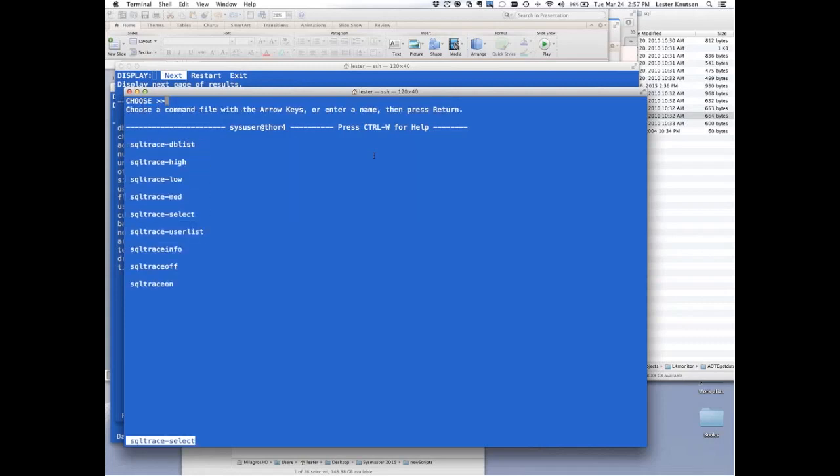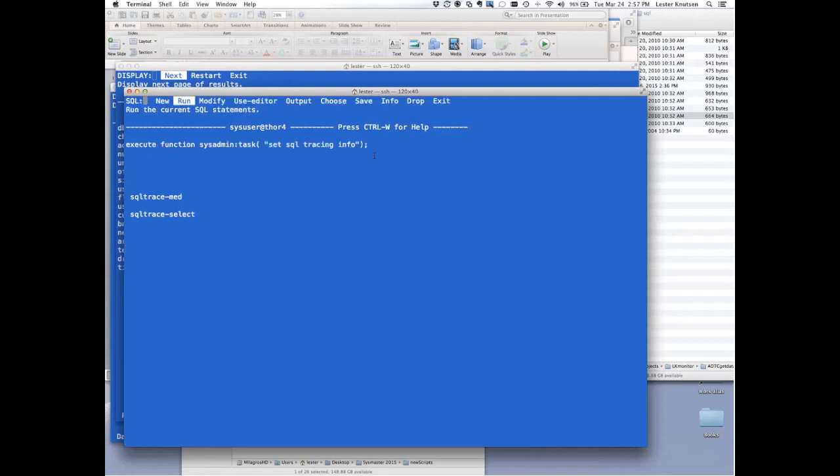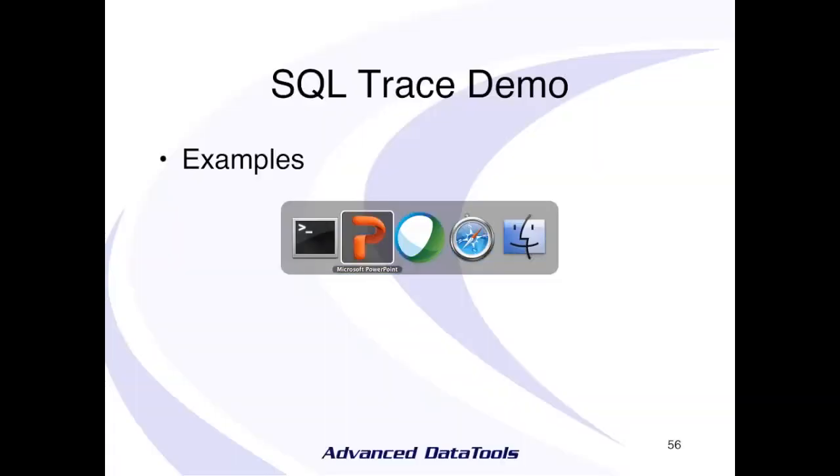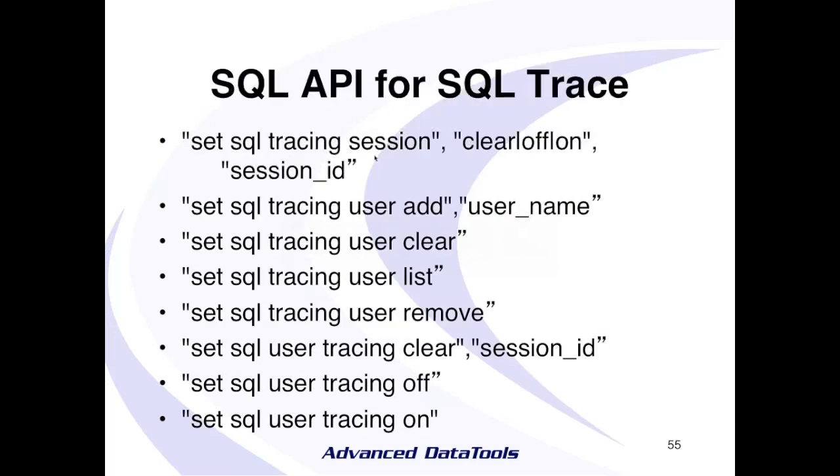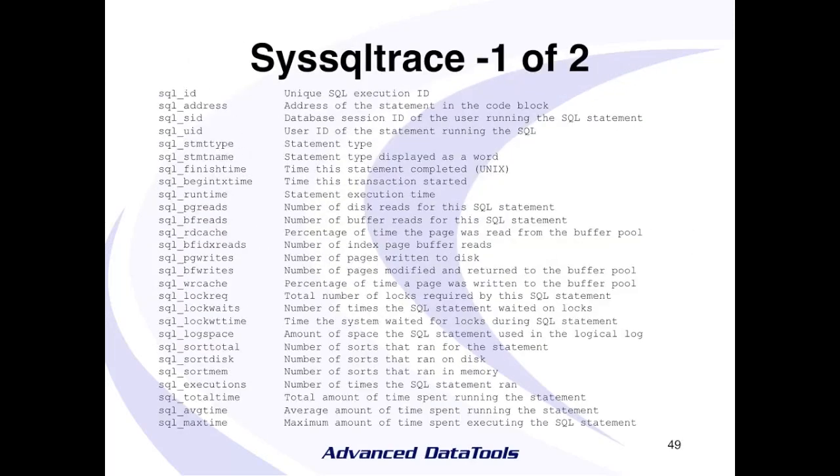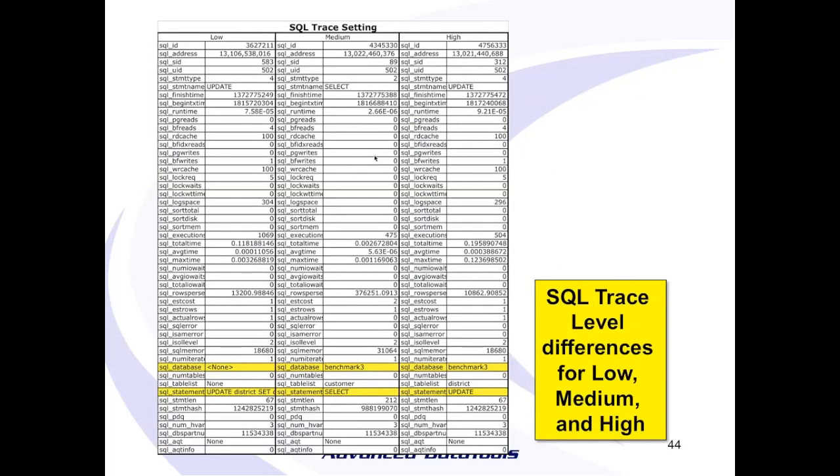And then I can run info and see what my status of SQL Trace is. And once you've got it running, you start getting data. Let me go back to this slide here. It'll show you detailed data about what's running. Good way. I really like this when you're in development, and if you have a development or a QA system, you can run this to see what the cost of your SQL is that's running.